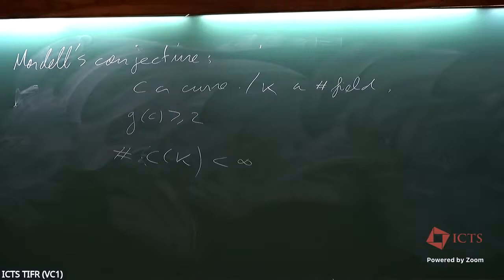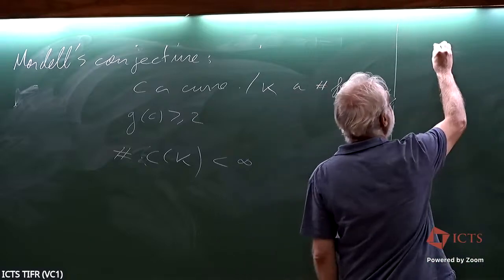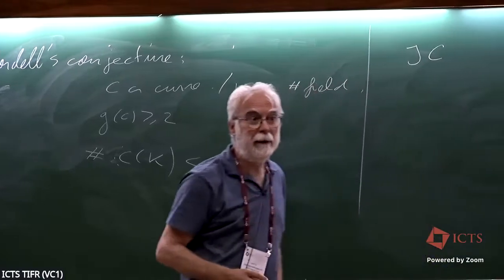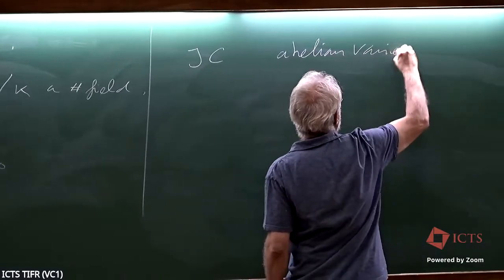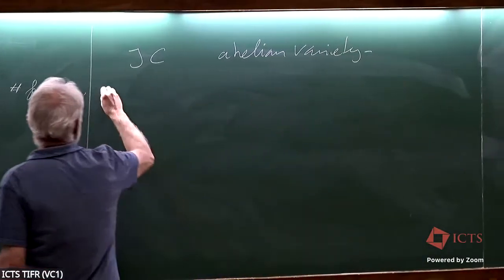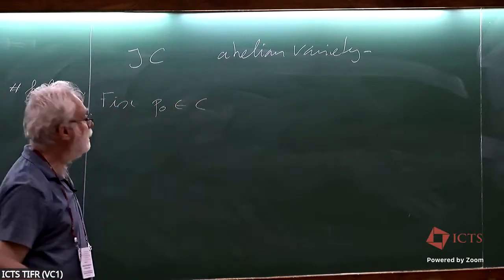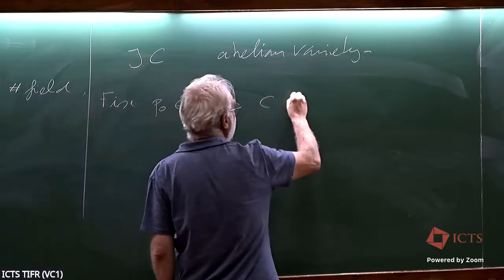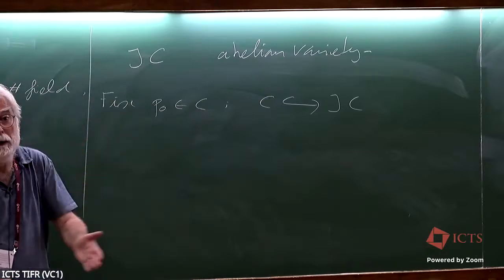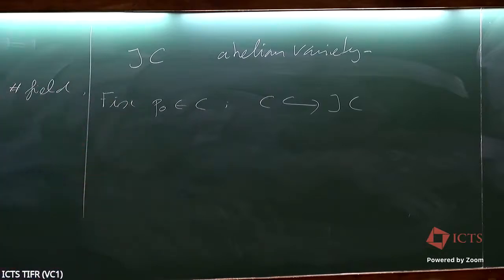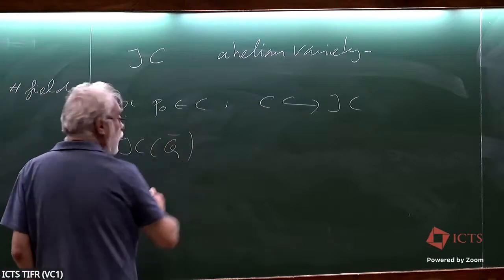Now I can look at other instances of this principle. So for instance, I can look now at the Jacobian of the curve C. So this is an abelian variety. I fix a point P0 inside my curve C, and this automatically gives me an embedding of the curve into the Jacobian. So I can choose this point rational over some finite field. Now, on the Jacobian of C, I can look at all possible algebraic points.